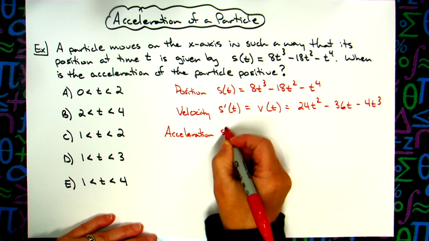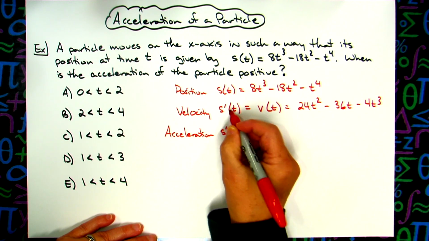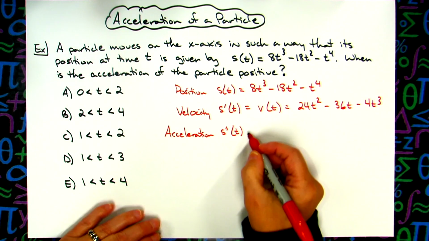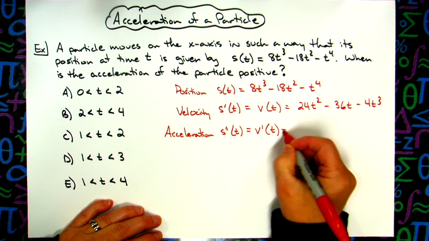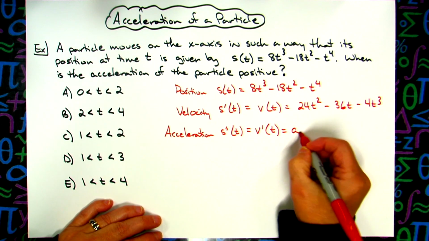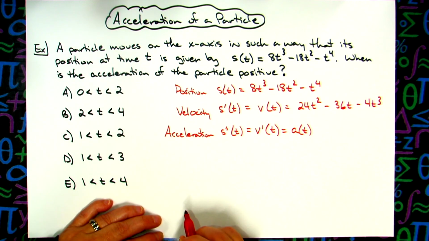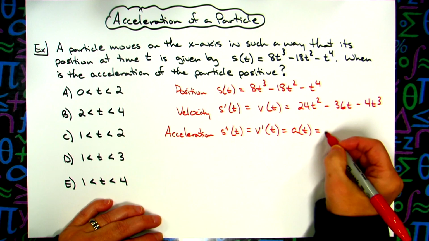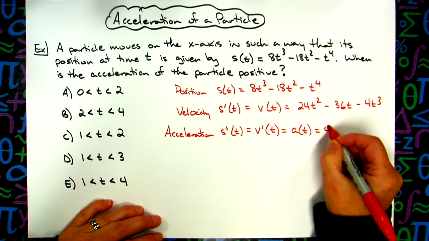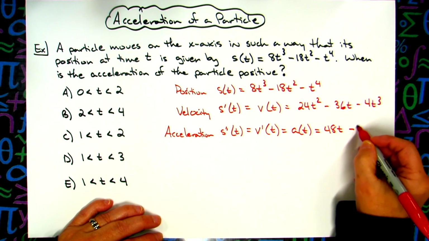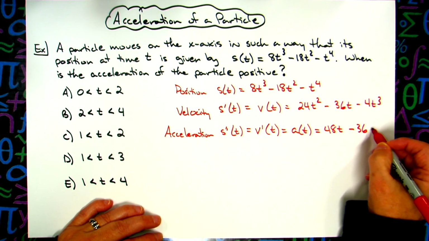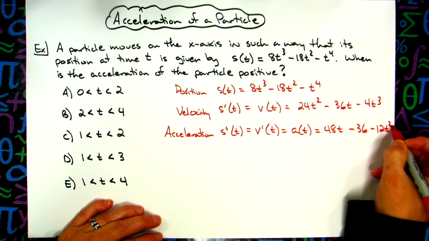It is the second derivative of the position function, the first derivative of the velocity function, and we can also call it a of t. So taking the derivative, we're going to have 48t, and then minus 36, and then minus 12t squared.